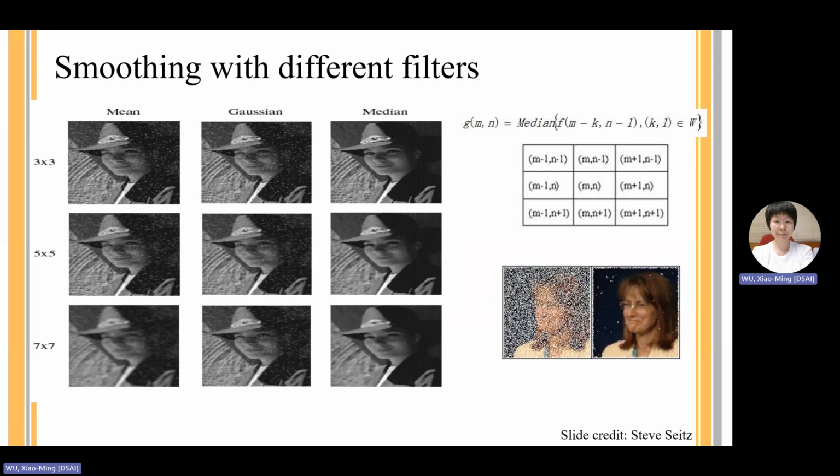All right. Now let's see if the median filter is linear or not. To see whether a filter is linear or not, a filter is essentially a function, right?